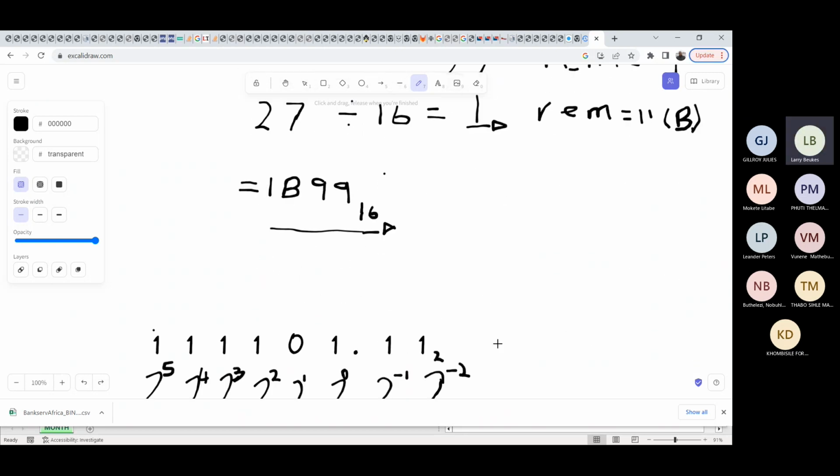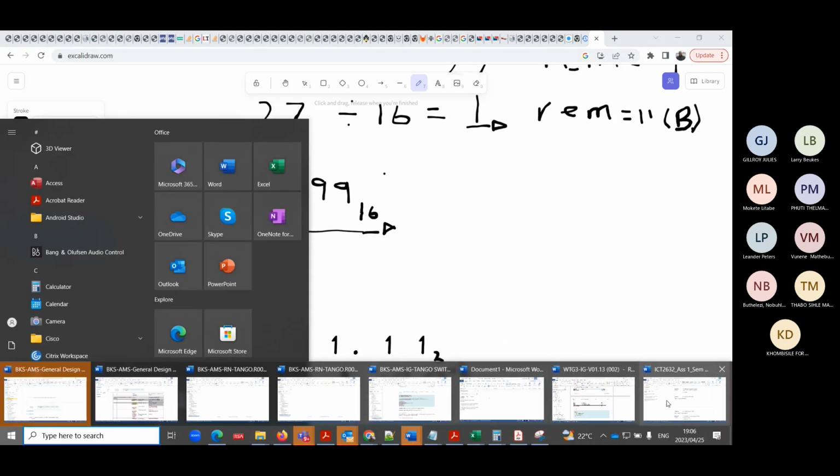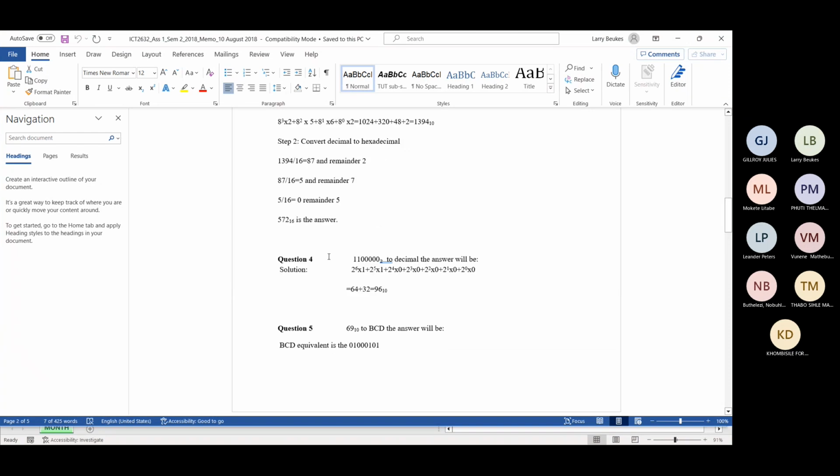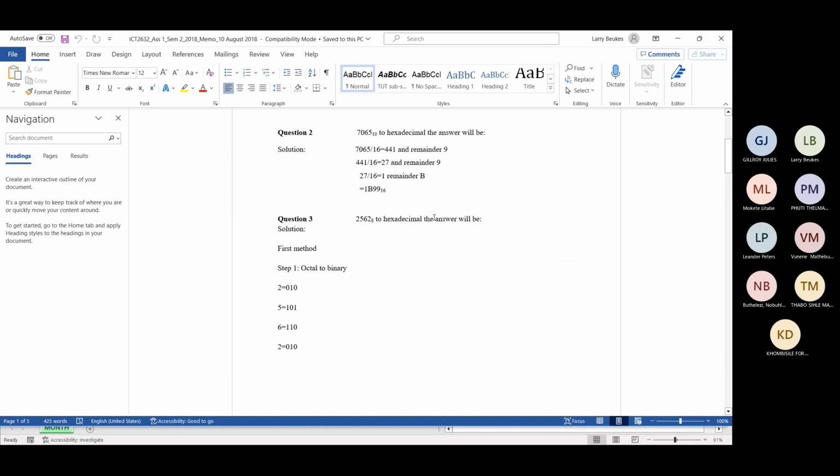Let me just copy this. Let's do octal quickly. Oh no, they want it in hexadecimal.